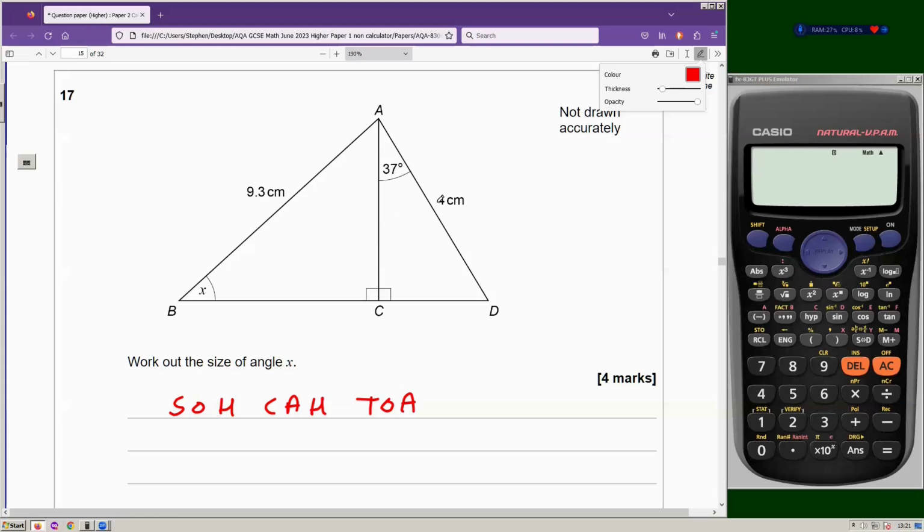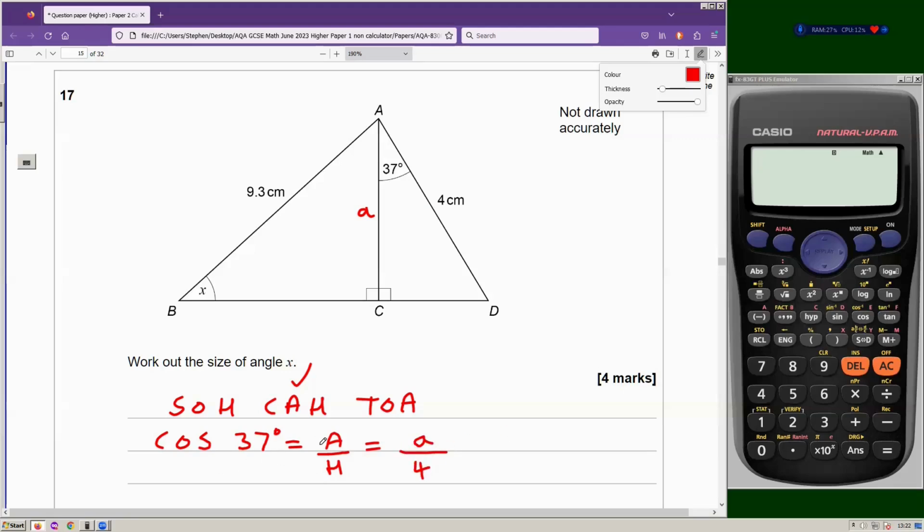We can say this is the adjacent to this angle here, and we know the hypotenuse, so we have to use this one here. Cosine of 37 degrees equals adjacent over hypotenuse, which equals, I'll go small a, I think better, over 4.